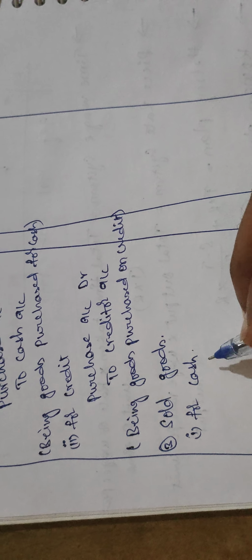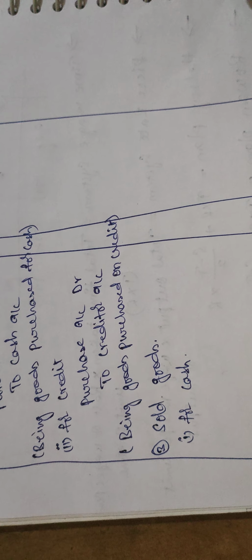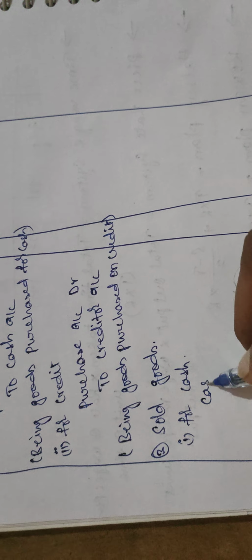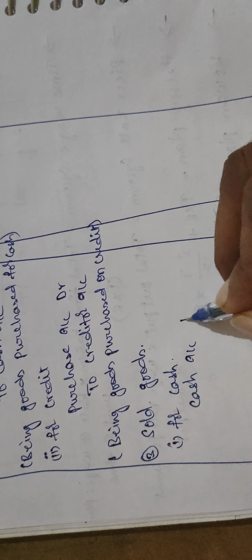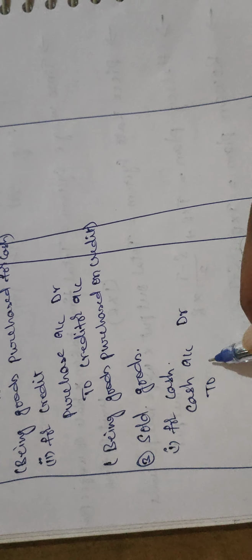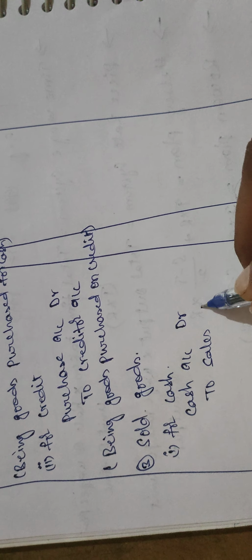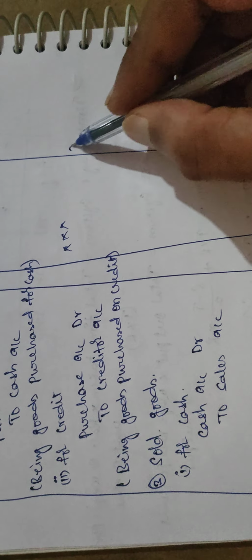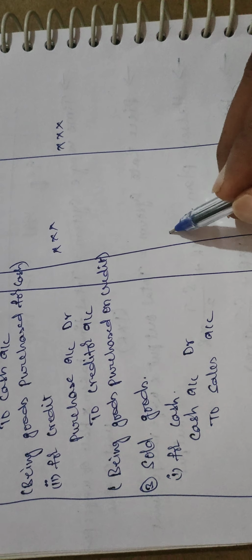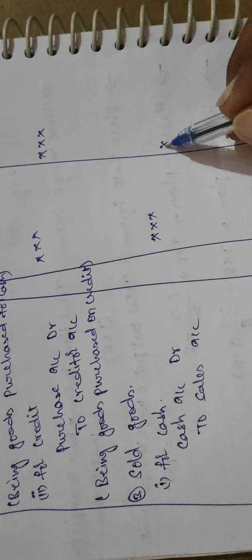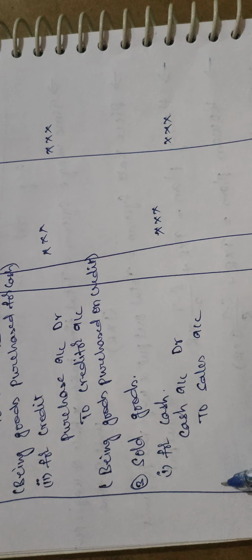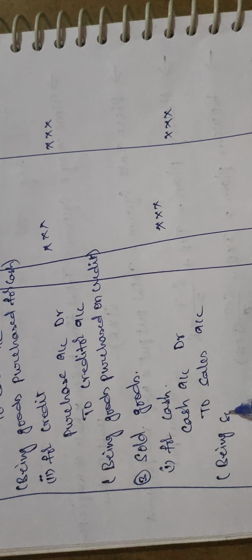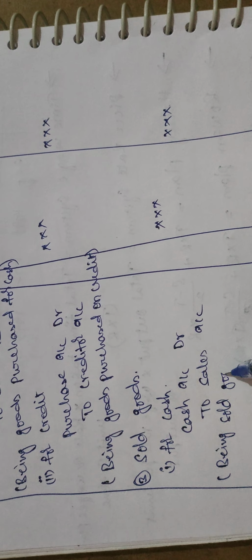Whenever we sell goods for cash, we receive the cash immediately. So the entry is cash account debit to sales account. Again the amount is as given in the problem. Here I am taking an example, so I will put that into marks. Being sold goods for cash.